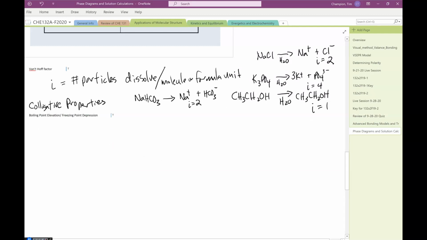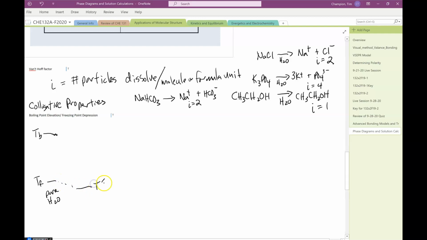So what happens if I dissolve something in water is that the water boiling point goes up and the water freezing point goes down. So if here is my normal boiling point for water and here is my normal freezing point for water, this is pure water. If I put it in a solution, it goes down.